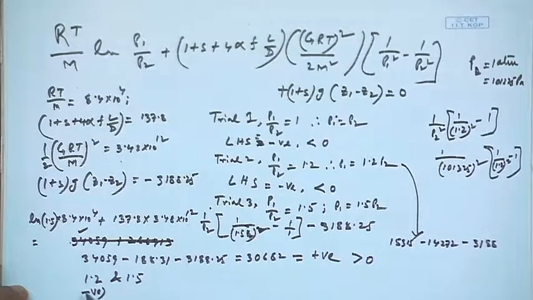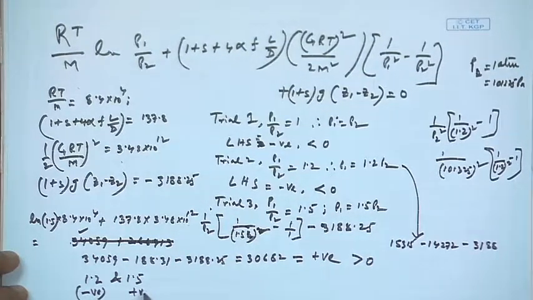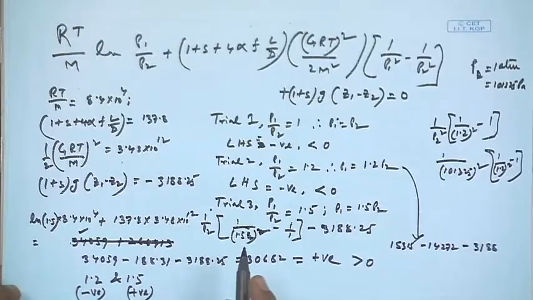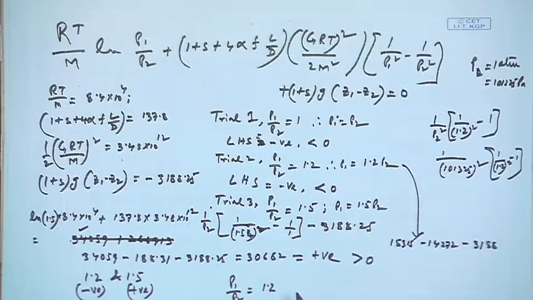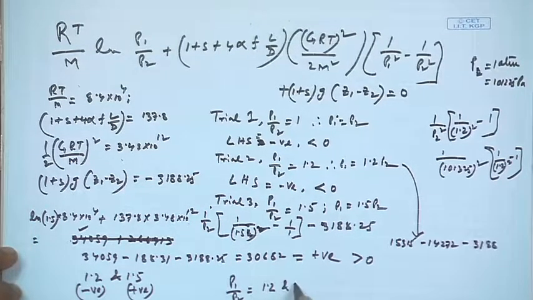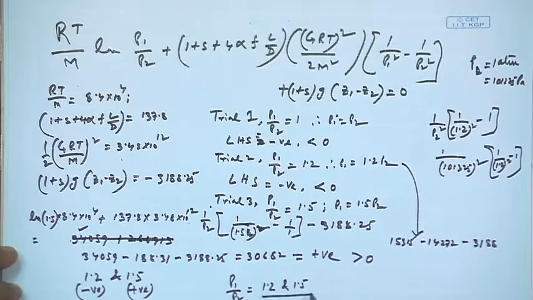This has become negative, this has become positive, right. So, it is lying between 1.2 and 1.5, that is the ratio P1 over P2 is between 1.2 and 1.5. It lies between that. So, now we have to take 1.4 in a similar fashion.